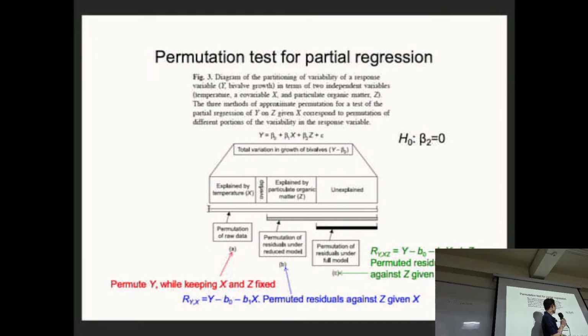But now we get the residual of Y given X and Z. Then you permute the residuals against Z given X. This is called a permutation of residuals under the full model. So any of the three types, A, B, C, all make sense.